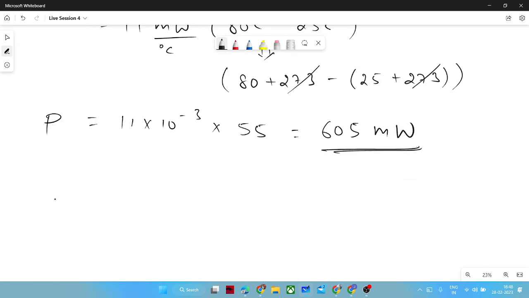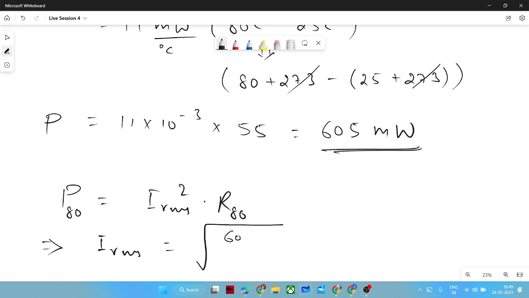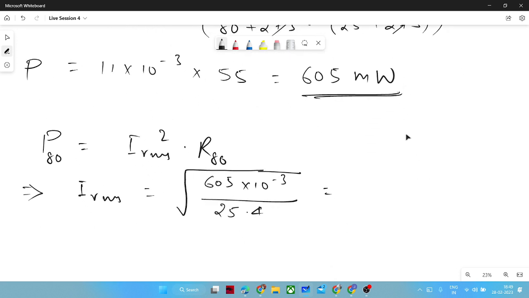Now you know power loss is equal to I RMS square into R. Power at 80, have to use I80, and we will get the RMS value: 605 into 10 raised to power minus 3 divided by R. We computed 25.4 ohm. So it will come out to be, I think I have that value, that will be 154 milliampere.